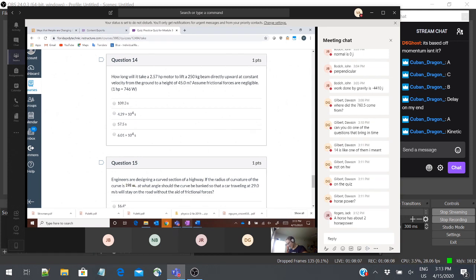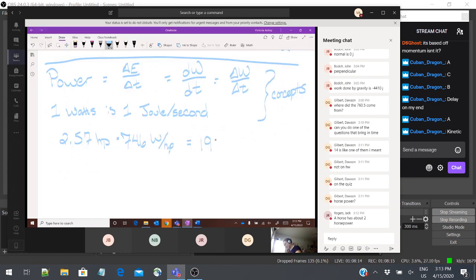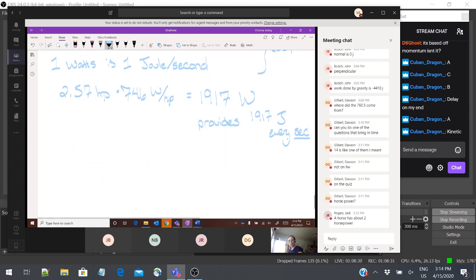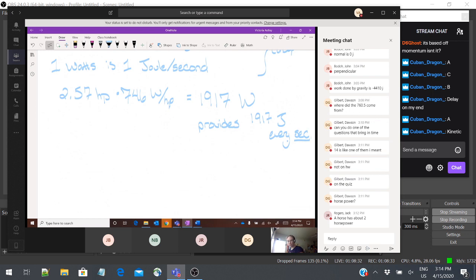746 times 2.57. Okay, so that's 1,917 watts. This means that our motor provides 1,917 joules every second. This is joules of work that can do something. So what are we doing with this work?